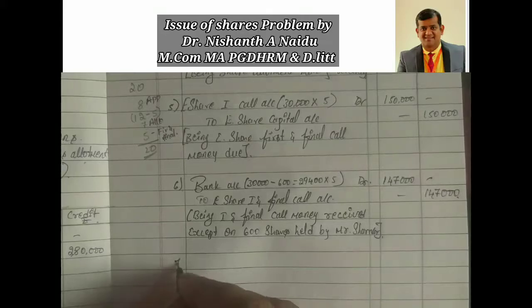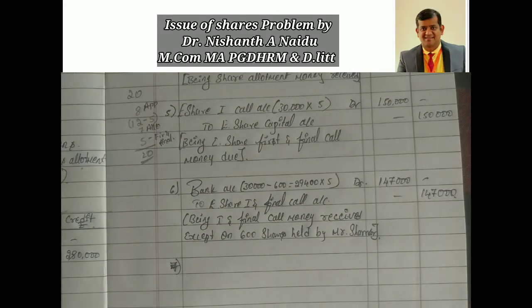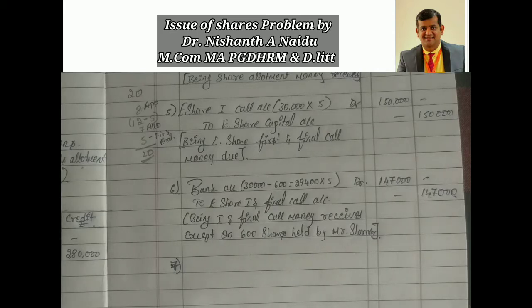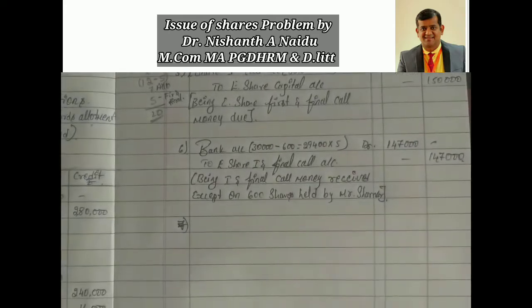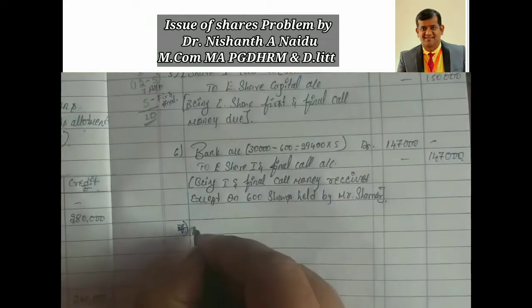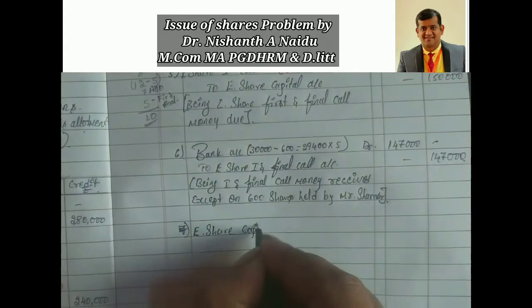Okay, so next is the seventh entry. In the adjustment they said that those shares were forfeited and reissued to Mr. Raghavendra at rupees 18 per share. So now these shares have to be forfeited. You know the forfeiture entry, right?